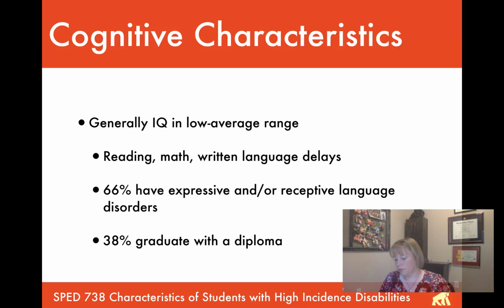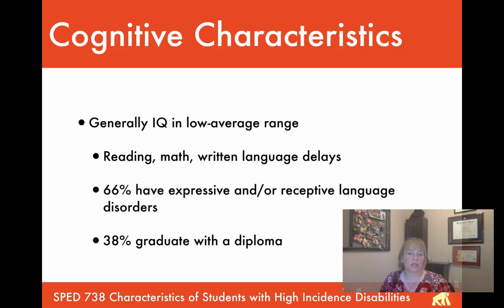I really was bothered by the facts about graduation and dropout. 38% of these students graduate with a diploma compared to 55% of all students with disabilities. So that's a really significant decline in graduating with a diploma. The dropout rate is 52% compared to 31% of students without disabilities.